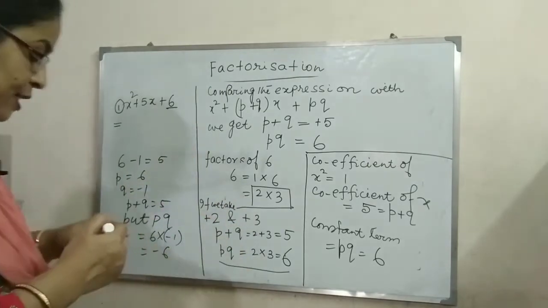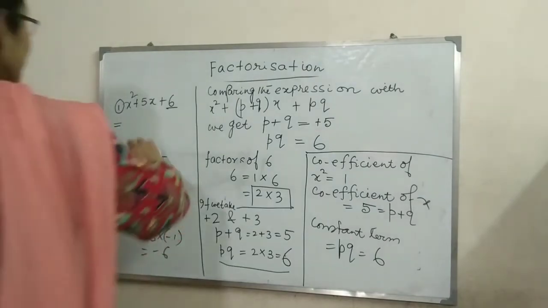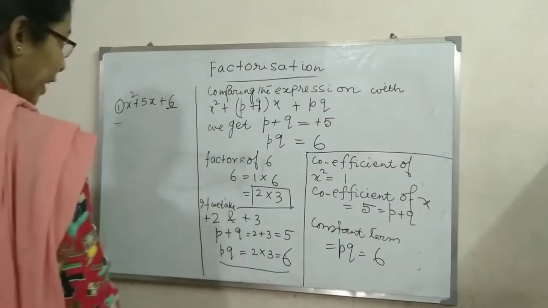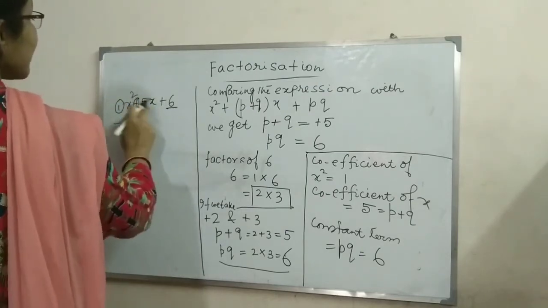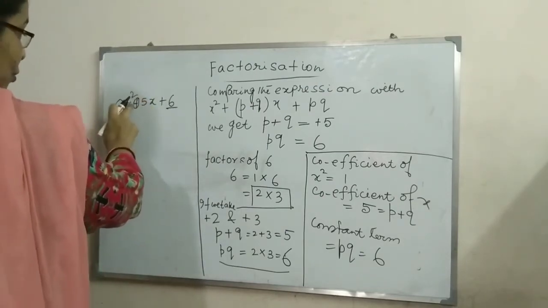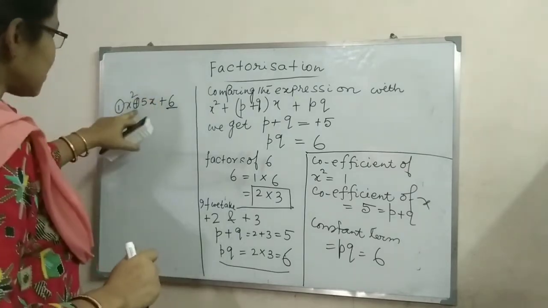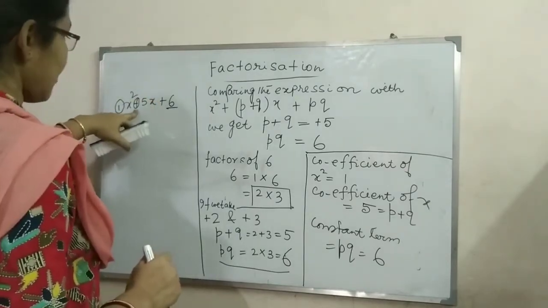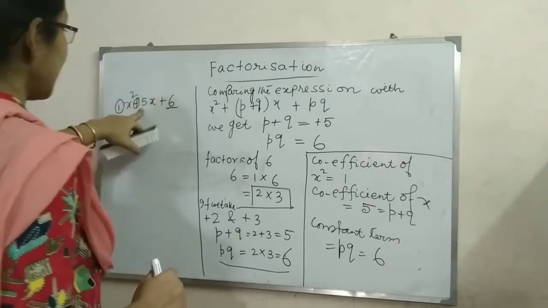Another point, this is the most important point. The sign of the middle term, here the middle term is 5x.